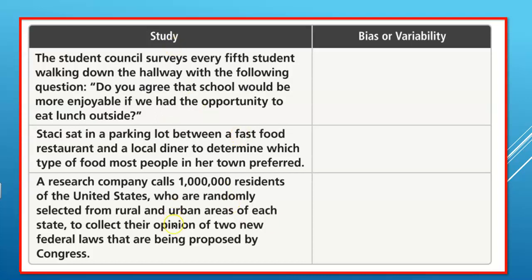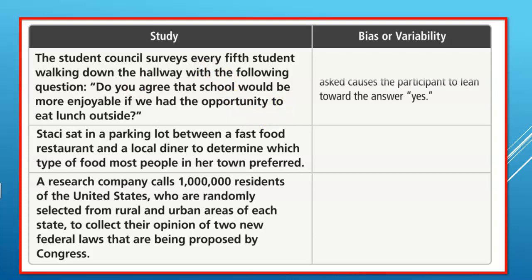Let's look at these three different situations here, and we're going to decide if the variations in the results are due to bias or variability. So the student council surveys every fifth student walking down the hallway with the following question: do you agree that the school would be more enjoyable if we had the opportunity to eat lunch outside?